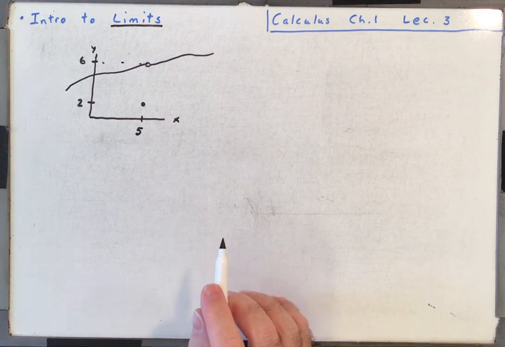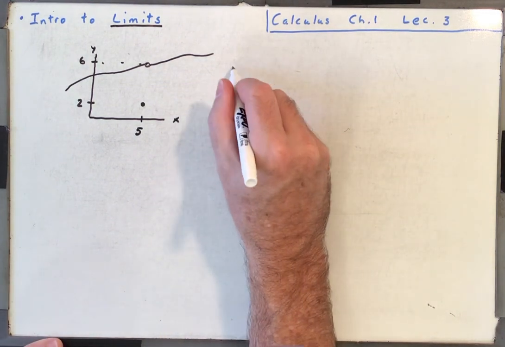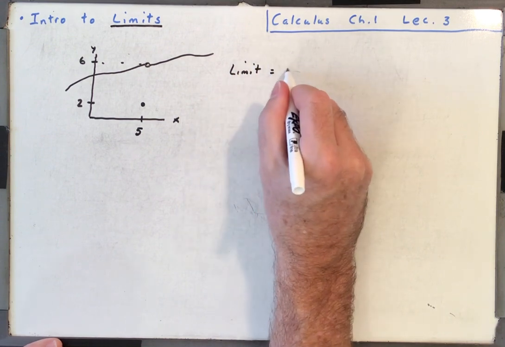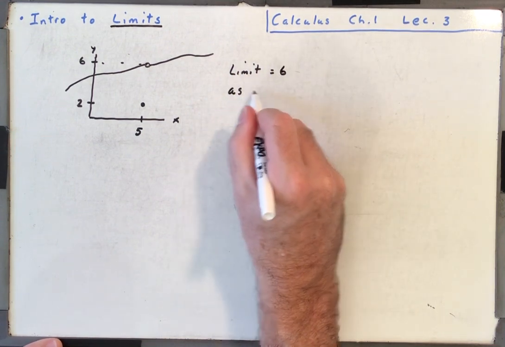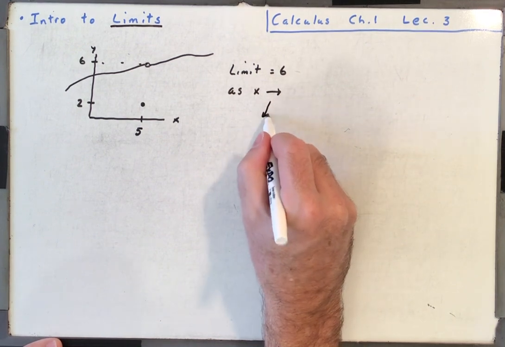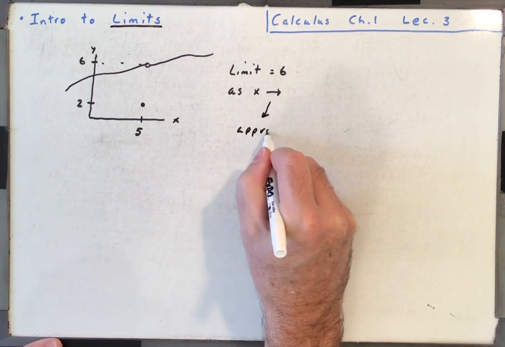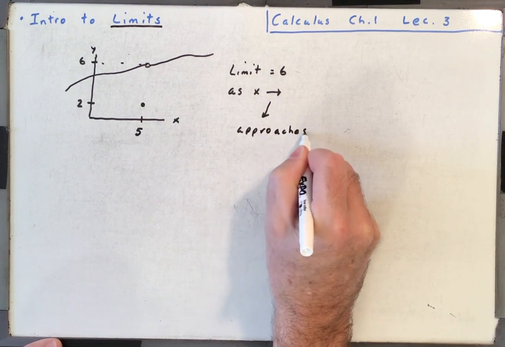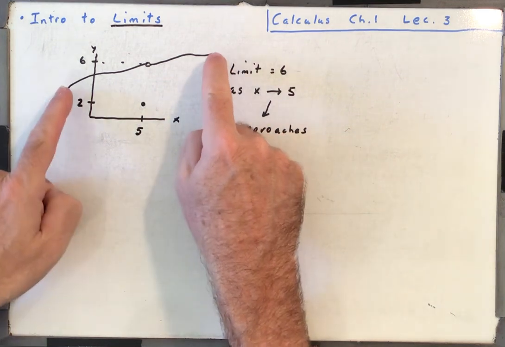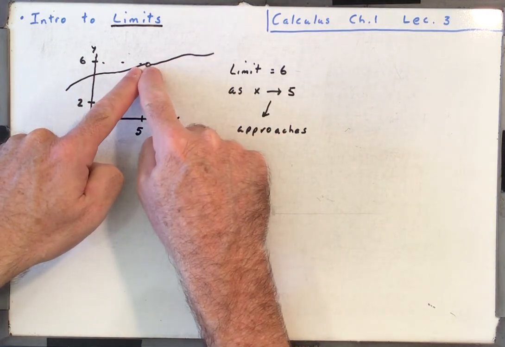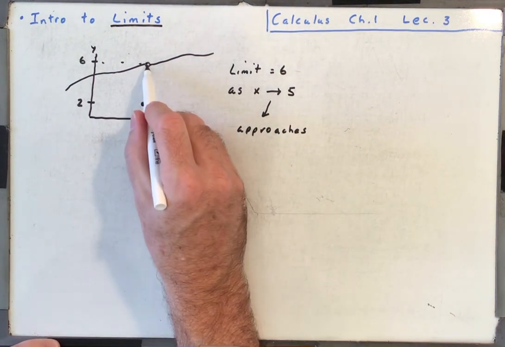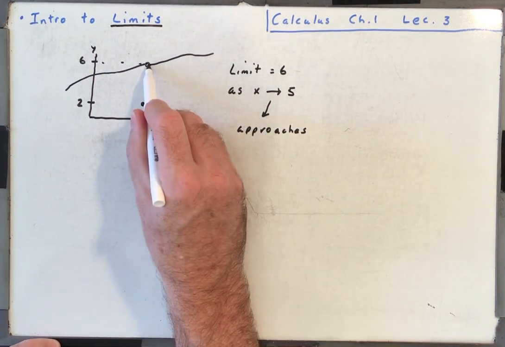So the calculus answer would be the limit is equal to 6 as x approaches... So we use an arrow to mean approaches. So as x approaches 5, because that is where our fingers come together on the graph, it's 6. However, the algebra solution is undefined at x equals 5.